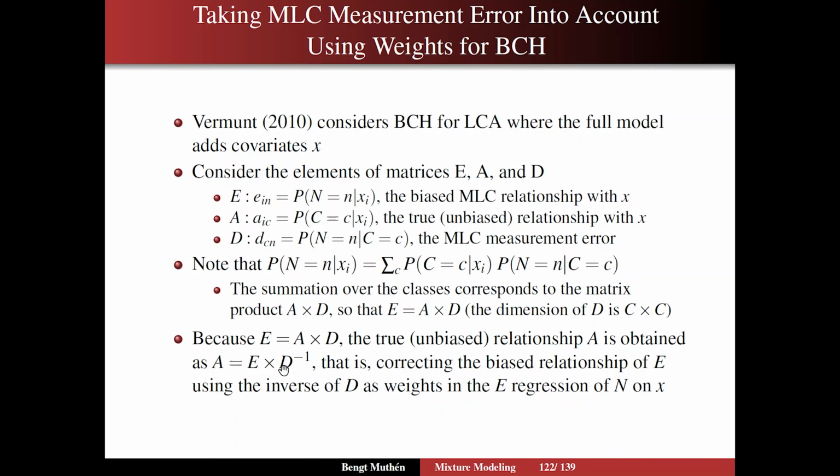So we take the inverse of that measurement error matrix that we computed, and thereby we correct the biased relationship of E, n given X, using the inverse of D, the measurement error matrix, as weights in the regression, in the E regression, n on X. So we adjust the n on X for the unreliability in n using this measurement error matrix, probability of n given C. The matrix A then contains the BCH weights that vary across individuals.